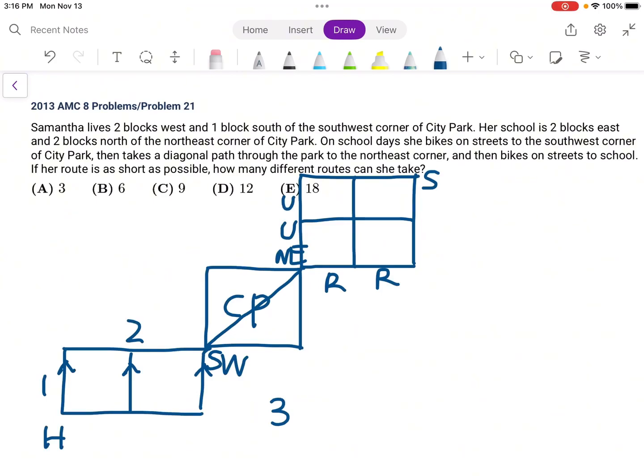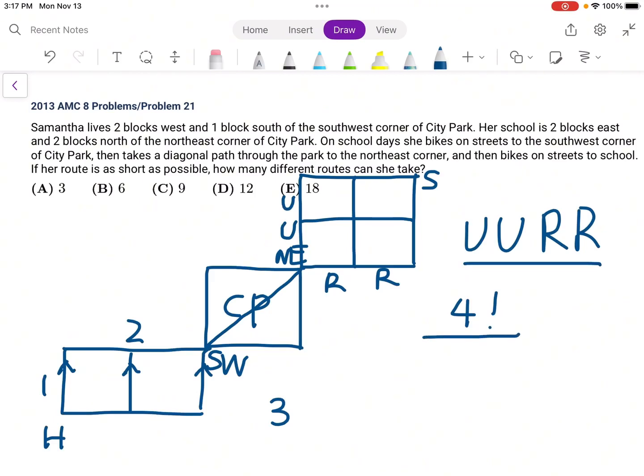So how many ways are there from the northeast corner of the city park to her school? Because there are total 4 blocks of length, it contains 2 ups and 2 rights. And so that's the arrangement of the 4 letters, and that's 4 factorial in total.